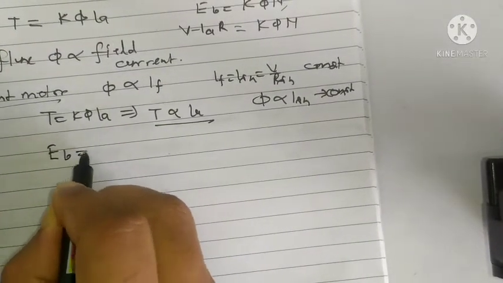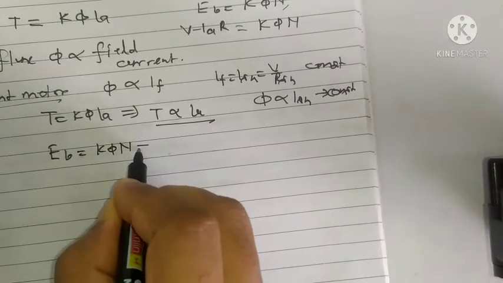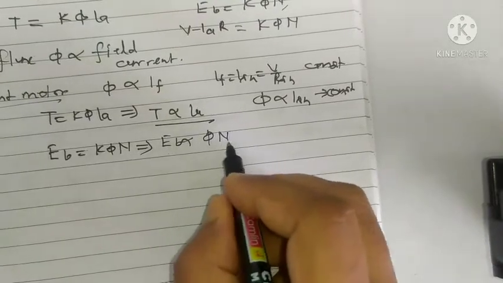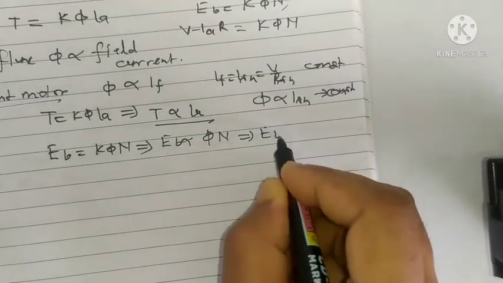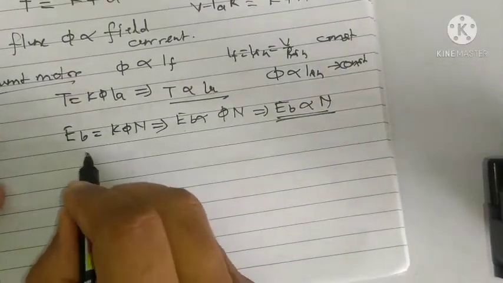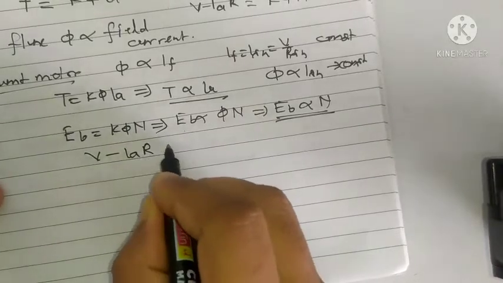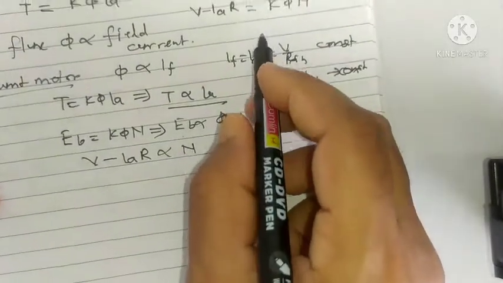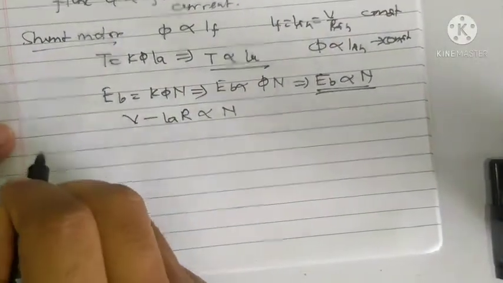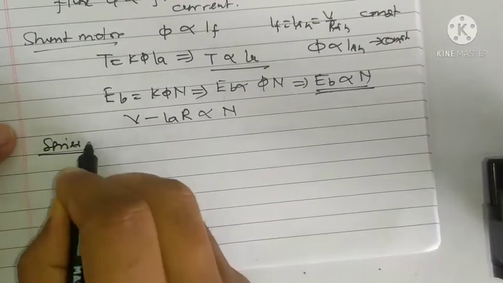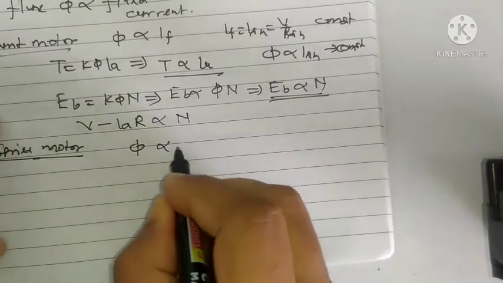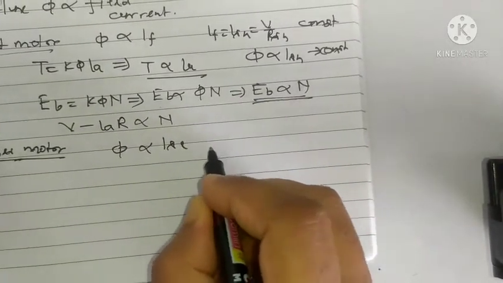And back EMF EB, which is K phi n, that is EB directly proportional to phi n. As phi is constant, I will write this as EB is directly proportional to n, which can also be written as V minus Ia R is directly proportional to n, because EB is written as V minus Ia R. For a series motor, flux depends on series field current Isc, right?